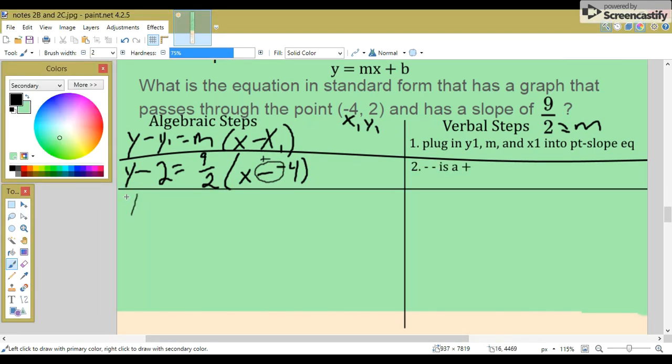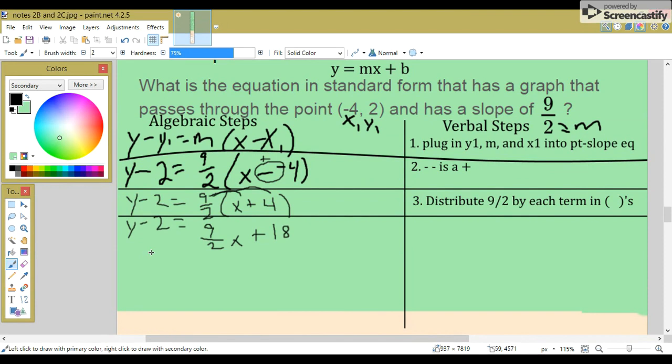So we have y minus 2 equals 9/2 parentheses x plus 4. From here, we're going to distribute that 9/2, multiply each term in the parentheses by 9/2. So we have y minus 2 equals 9/2 times x is 9/2 x, and then 4 divided by 2 is 2. 2 times 9 is 18, so we have plus 18.